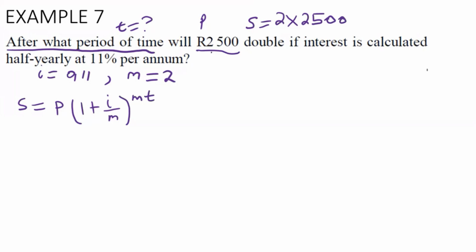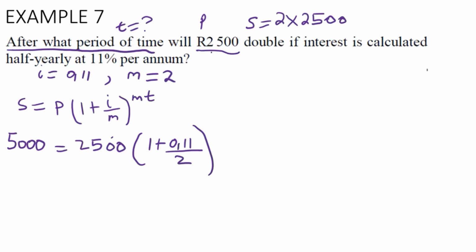So our S is 2 multiplied by 2,500, which is 5,000. That's your future value. That means the initial amount would have doubled. The double of 2,500 is 5,000. So the initial amount is 2,500 into (1 plus our interest rate, which is 0.11, divided by m, the compounding periods, which is 2) to the power 2t. We don't know our t. That's what we are looking for.